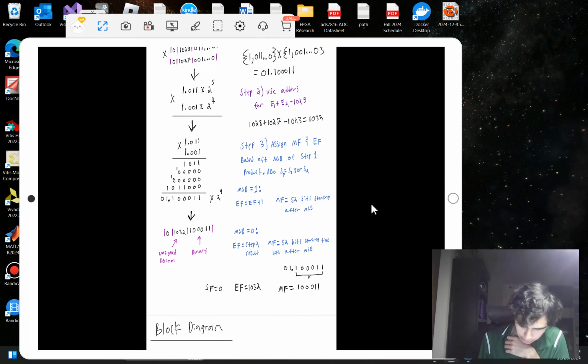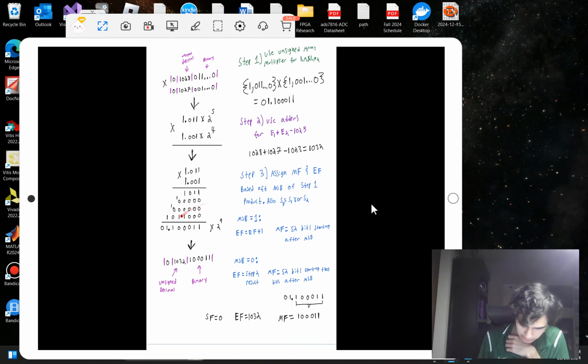In this other example, steps 1 and 2 happen exactly the same, except in our product, we get this. Because the most significant bit is a 0, in other words, it's in the format we want, we just use this value directly. Since this is 9, we can move what 9 is represented by, 1032. So we just use that. Even though it's 9, in reality, it's going to be 9 plus 1023 in the floating point format.